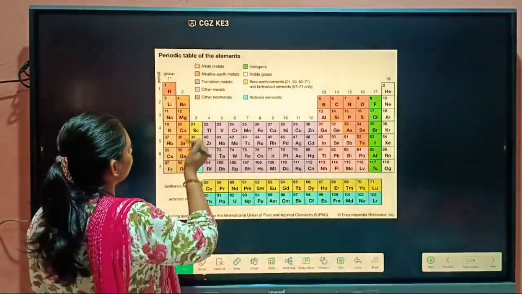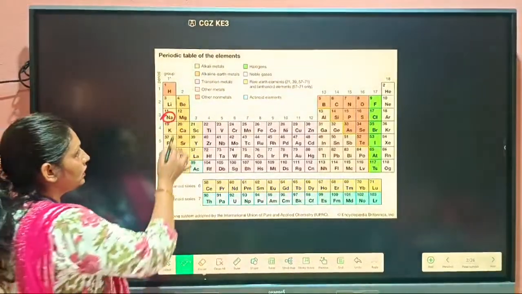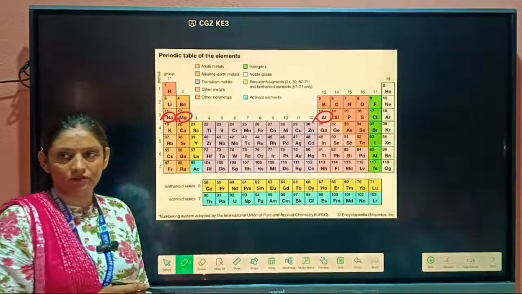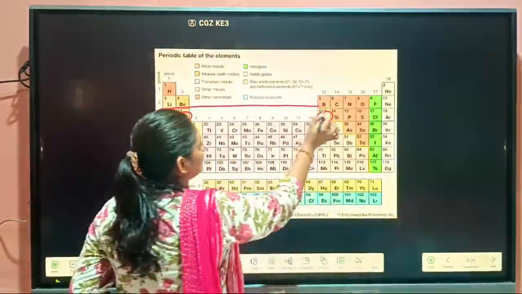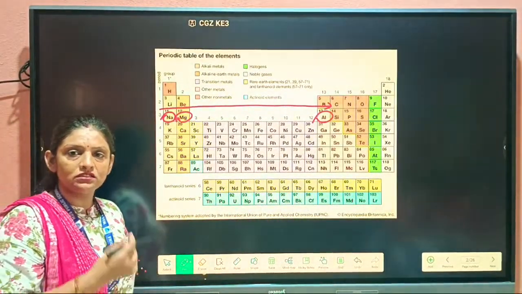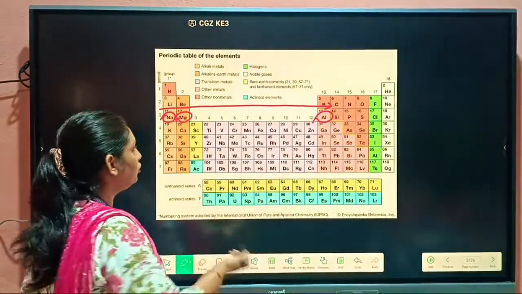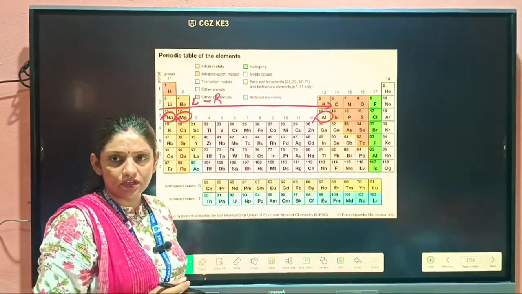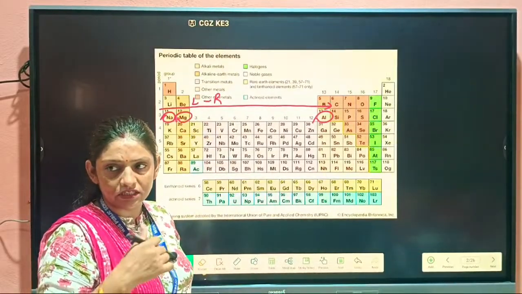Here you can see this is sodium, this is magnesium, and this one is aluminium. All lie in the same period, and as you know very well, when we move from left to right in a period, atomic size decreases.